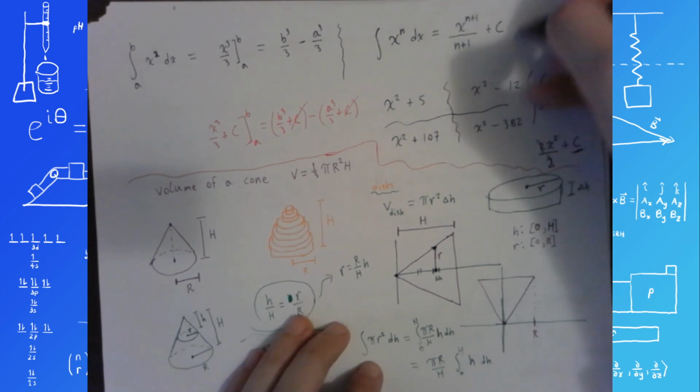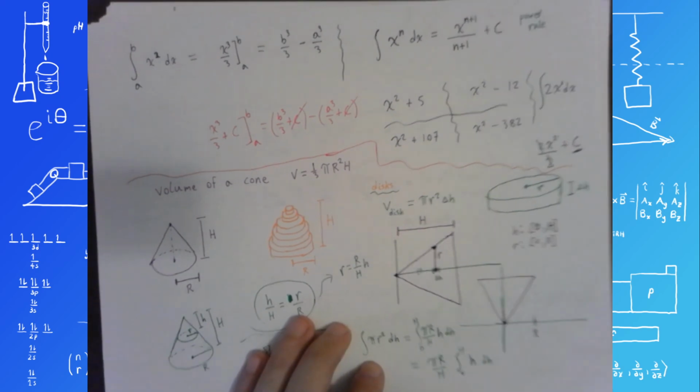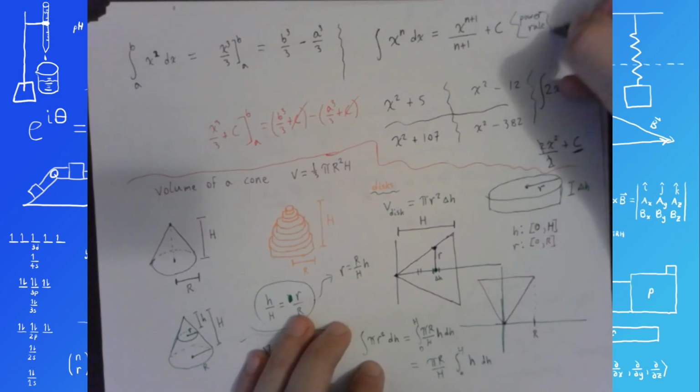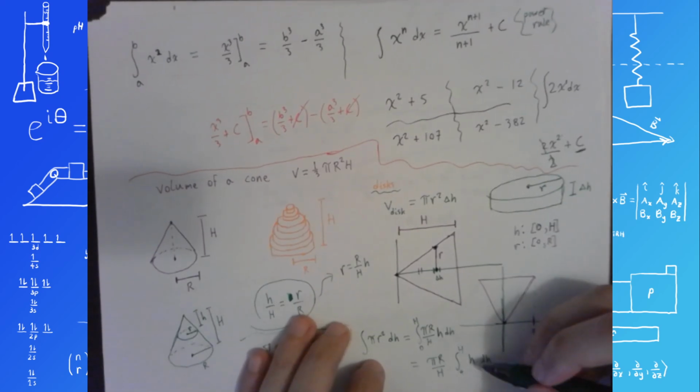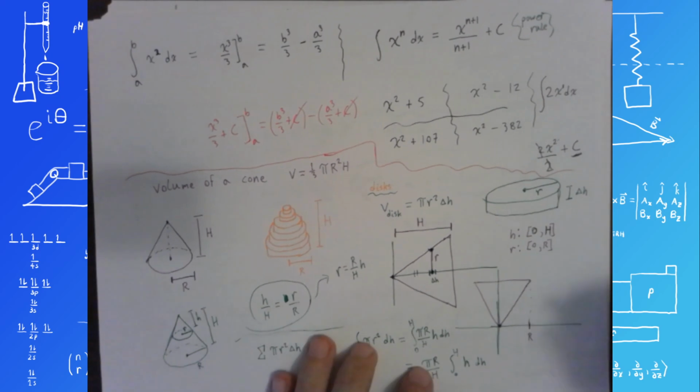I can just follow this formula. By the way, this is called the power rule of integration. I can just follow the power rule and say, when integrated, h to the 1 becomes h to the 2 divided by that new 2.